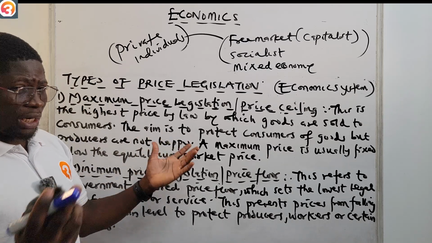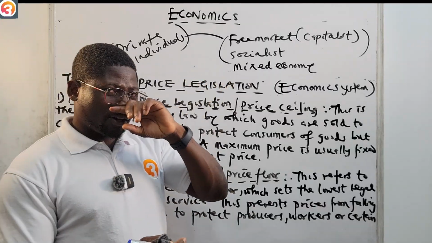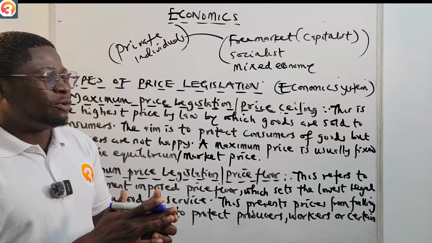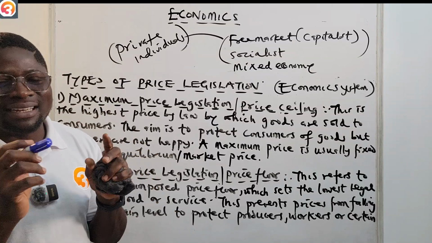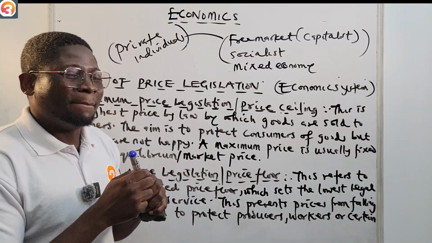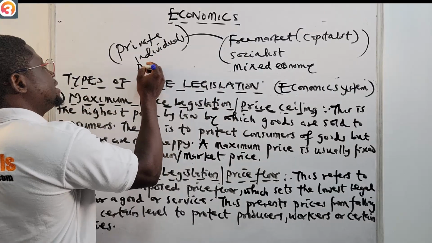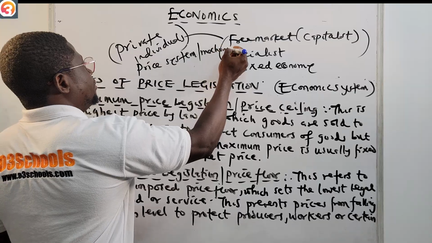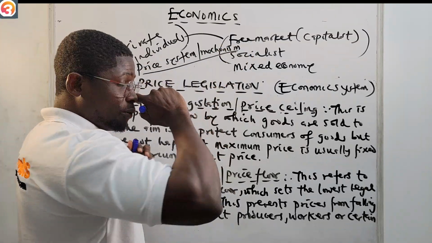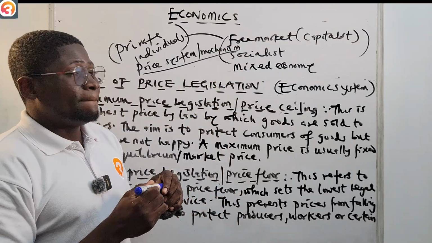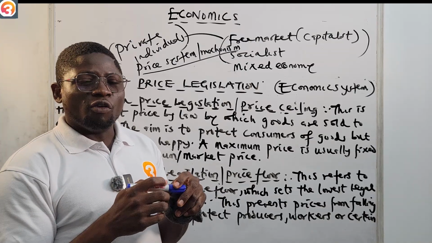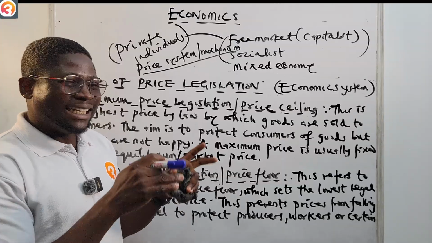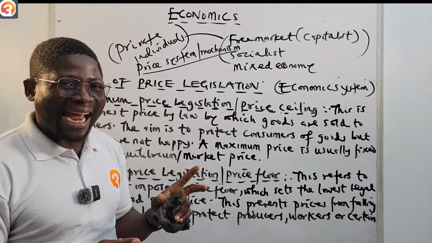Now let us relate it to what we are doing today. Under the free market economy, or the capitalist economic system, price is determined by the price system or mechanism. By this we mean that the price is determined by the interplay of forces between supply and demand.